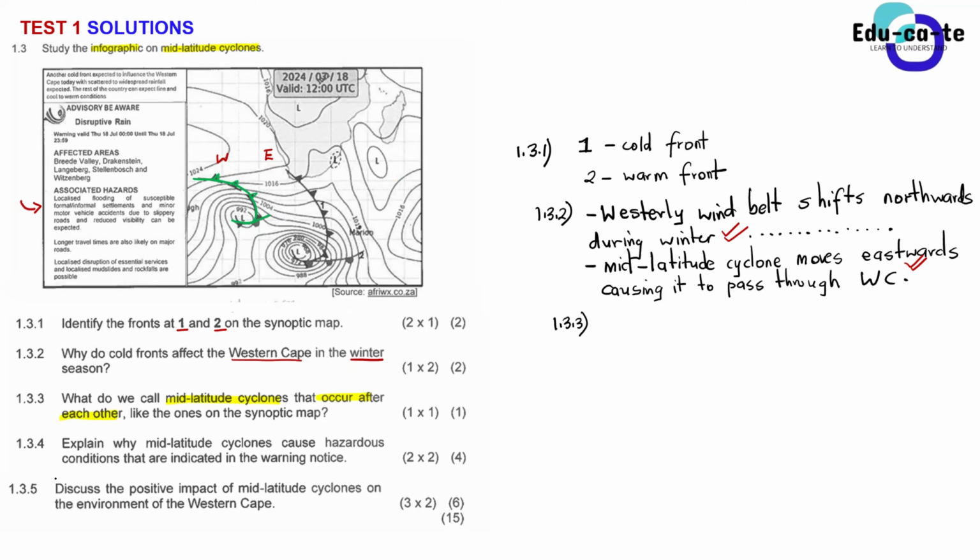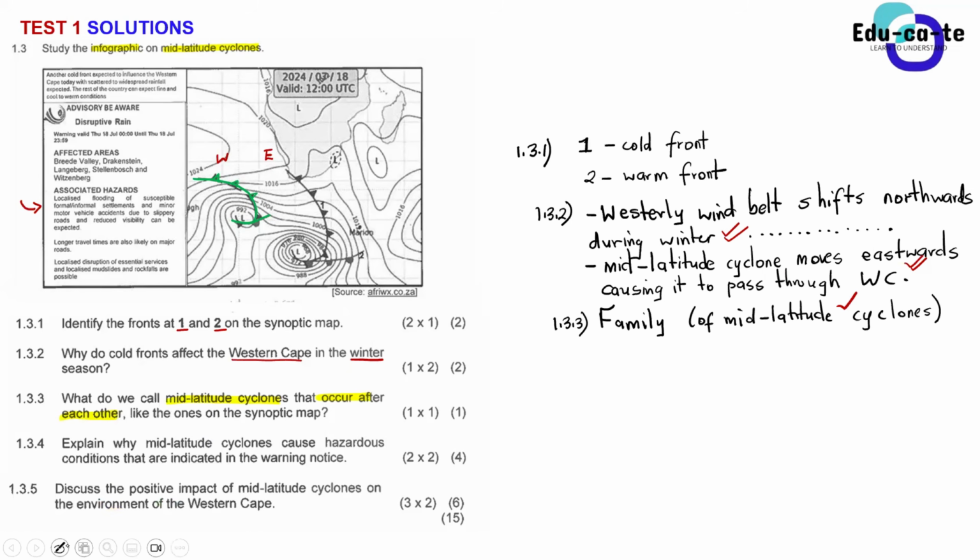For mid-latitude cyclones, you use the term family. Like the diagram provided here, the synoptic weather map has two mid-latitude cyclones that are occurring after each other, one after the other. So it's a family.